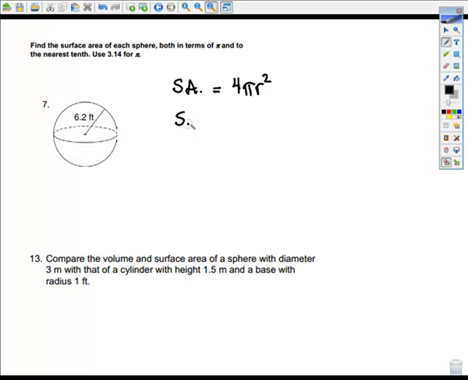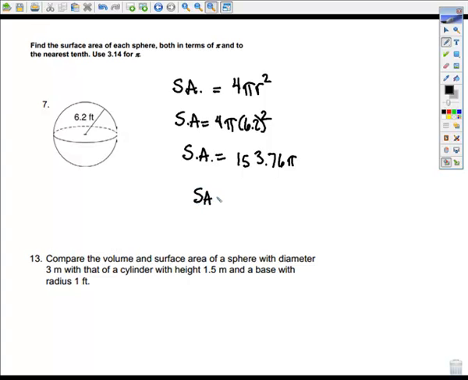So my surface area is 4 pi times my radius, 6.2, squared. 6.2 squared is 38.44 times 4 is 153.76. So there's the answer in terms of pi.